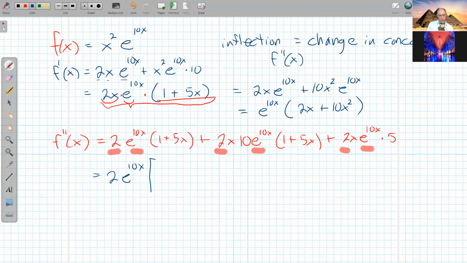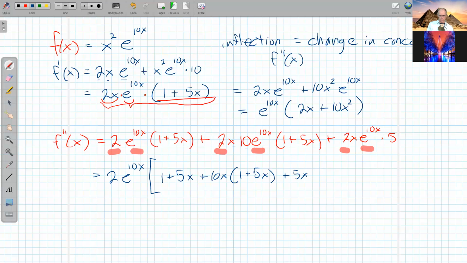From the first one, that leaves a 1 plus 5x, no need for parentheses anymore. The second one, we left the 10x behind, so I do still need the parentheses. So I have plus 10x times 1 plus 5x. And then here, I took the 2 e to the 10x, so I still have a 5x there.